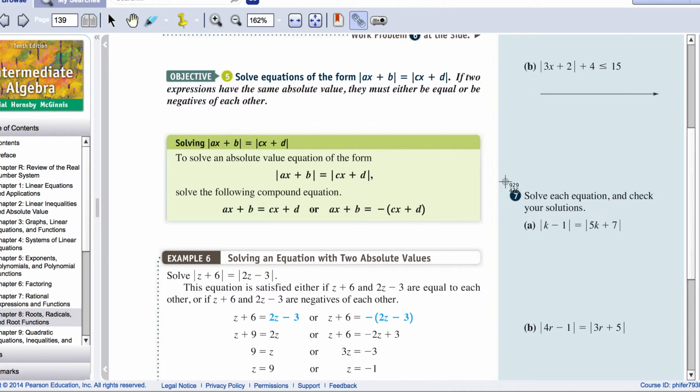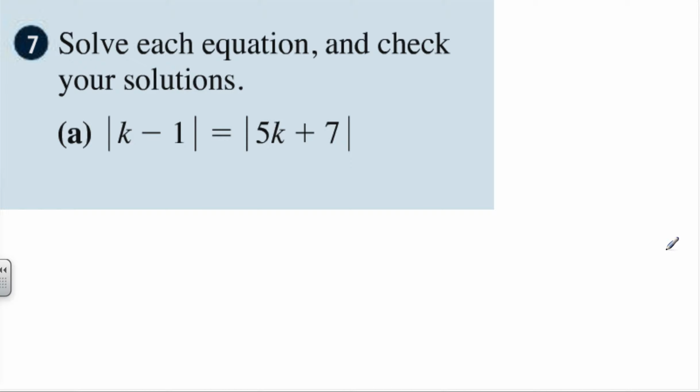So we'll make this the last example for this section. Okay. We want to solve each equation and check the solution. So we have two absolute values. So what do we do when we have two absolute values? You essentially do the same thing.